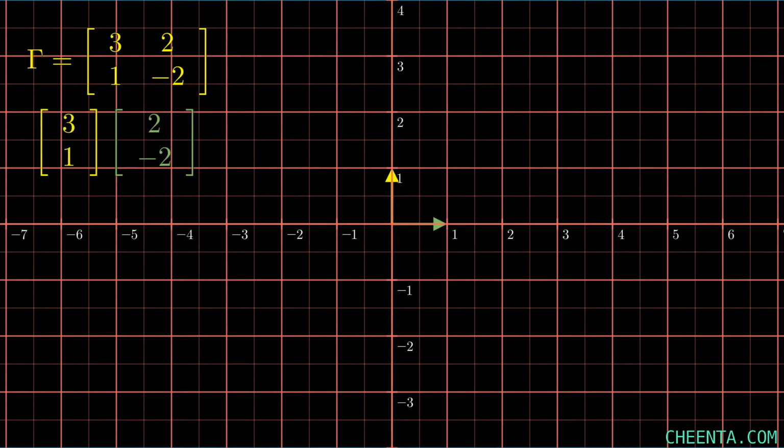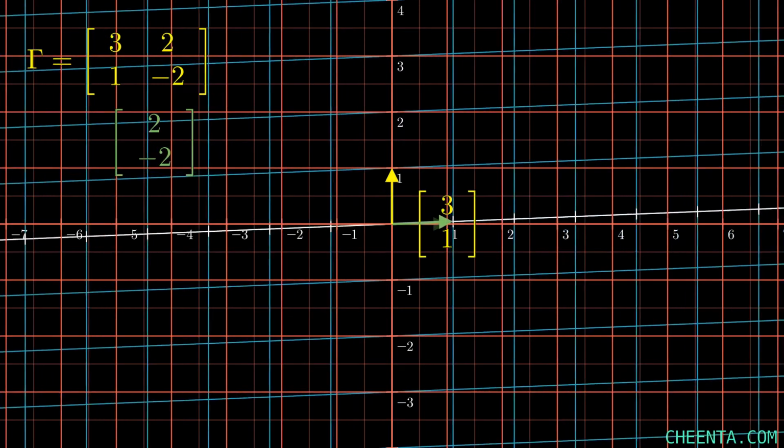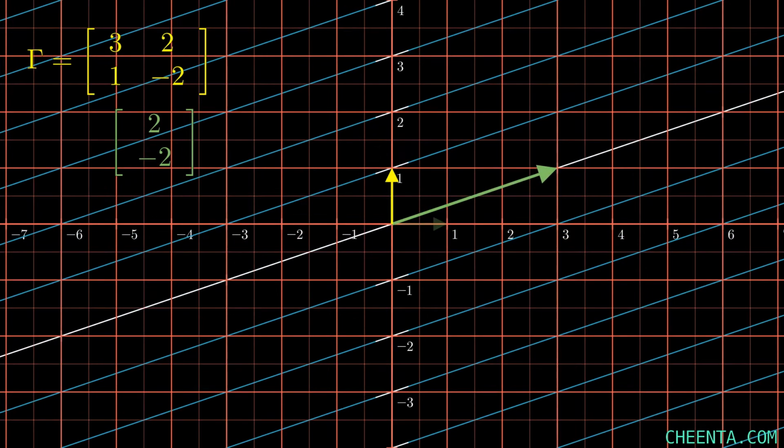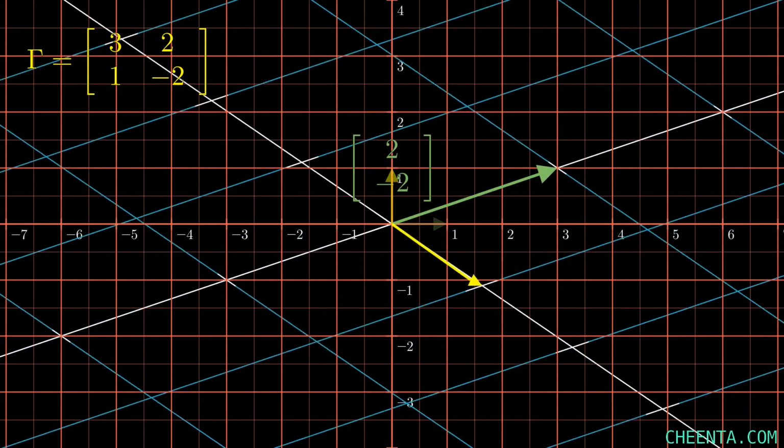The first one represents where the unit vector of the x axis lands after the transformation, that is the green vector. As you can see, it lands on 3 1, and the second one represents where the yellow vector will land after the linear transformation. So it will land on 2 minus 2.